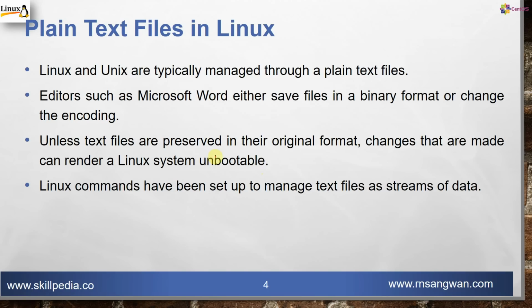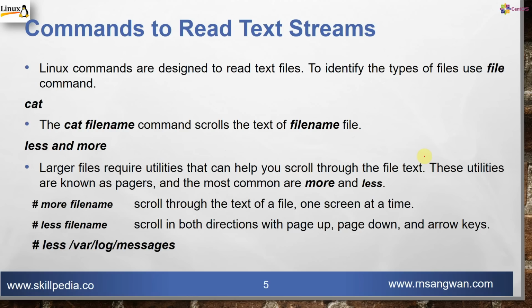Unless text files are preserved in their original format, changes that are made to these files can render a Linux system unbootable. Linux commands have been set up to manage text files as a stream of data.